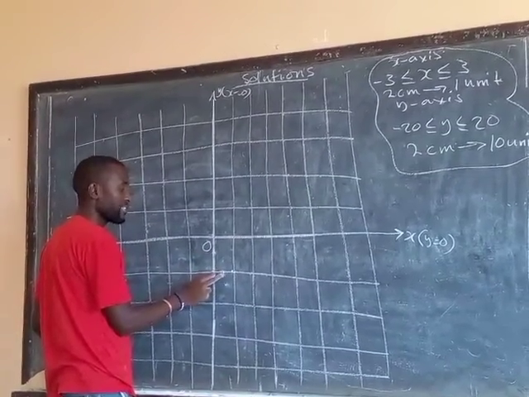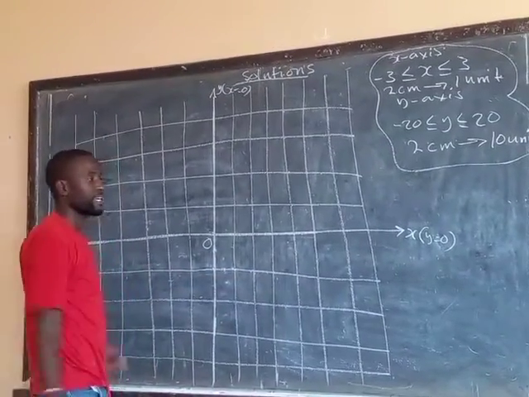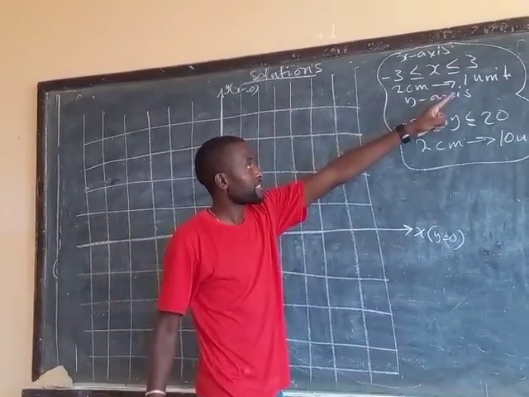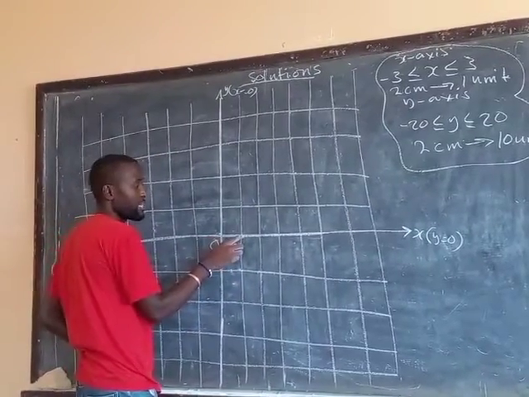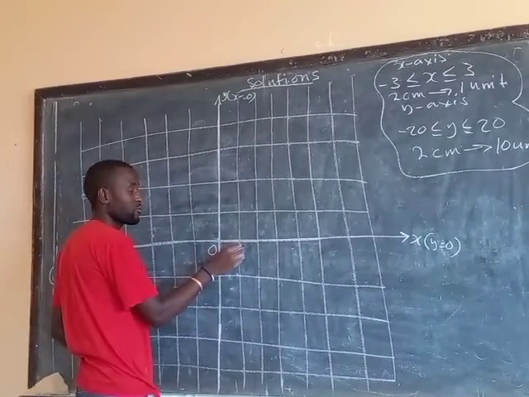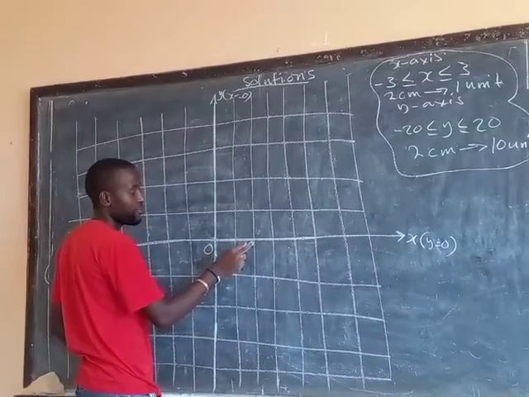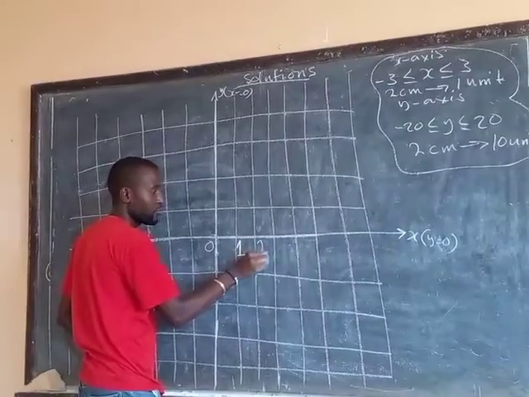So it is very advisable that you use your graph paper, which is divided into 2 centimeters, and you get your answers correctly. They're saying use 2 centimeters on the x-axis to represent 1 unit. So from here to there is 2 centimeters, hence it is 1 unit. So I write 1 here. Then from here to there is another 2 centimeters, so I write 2.